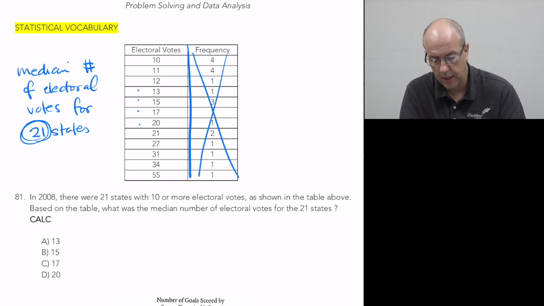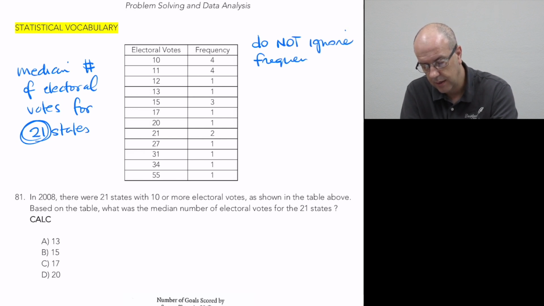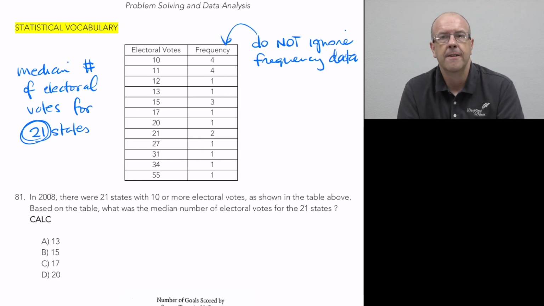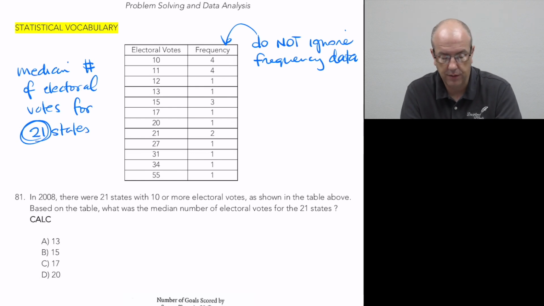And so we cannot ignore the frequency data. So do not ignore the frequency part of the data, right? The frequency tells us how many of those data points have that specific value.